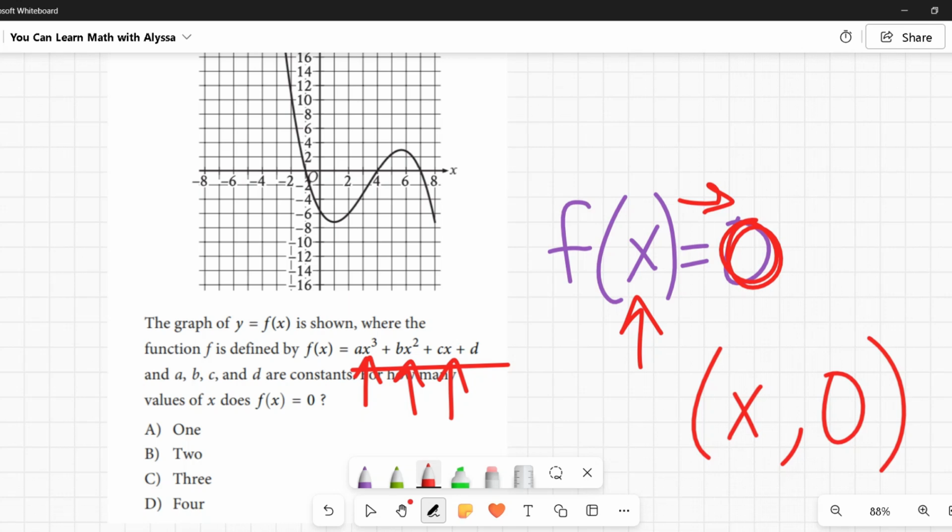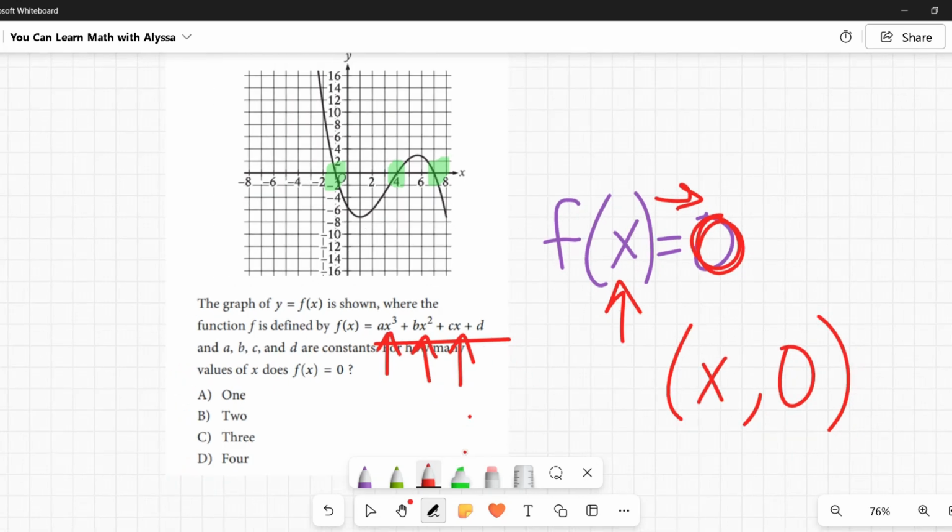Where is y 0? On the x-axis. So when they're asking how many times does f of x equal 0, if we're looking at a graph of a function, all they're asking is how many times does it cross the x-axis? That's it. Here it crosses it 3 times.